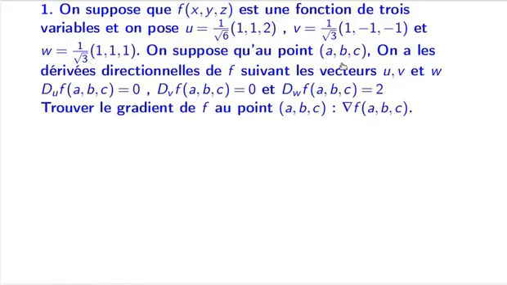We assume that at point (a, b, c), the directional derivative of f in the direction of vector u is 0, in the direction of vector v is 0, and in the direction of vector w is equal to 2. Note that the function f is unknown. We are asked to find the gradient of f at point (a, b, c).